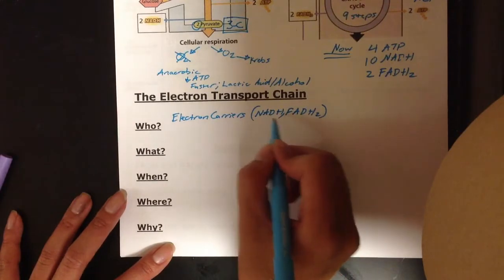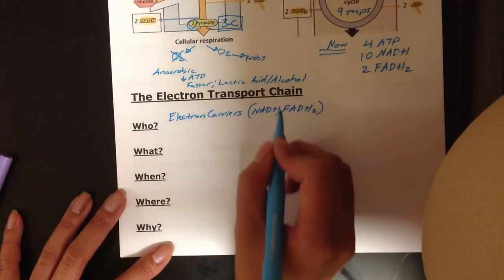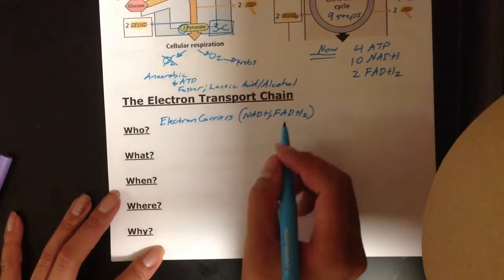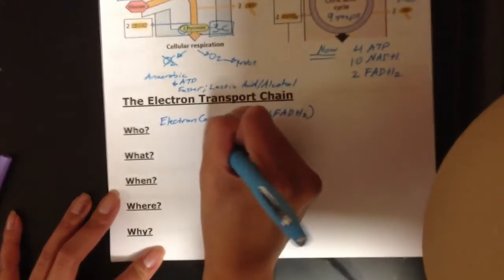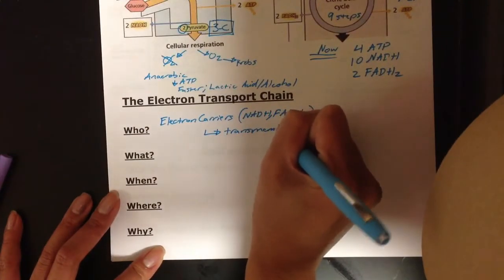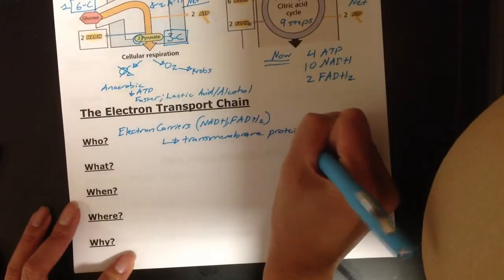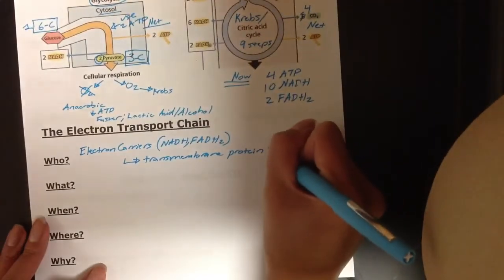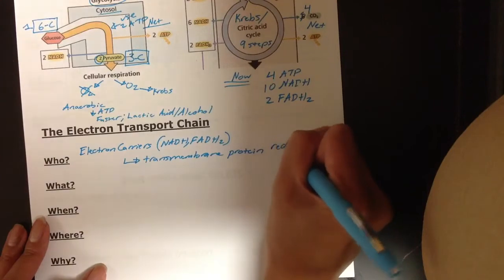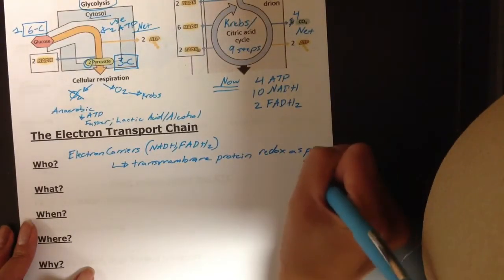Both of these got oxidized and will lose electrons. This process, however, is going to occur in a transmembrane protein that is going to have a redox reaction occur as we pass the electrons along.